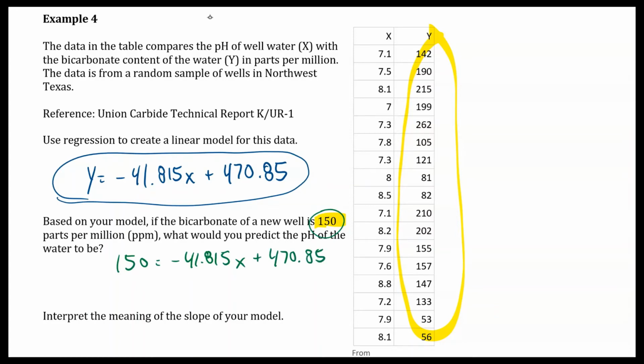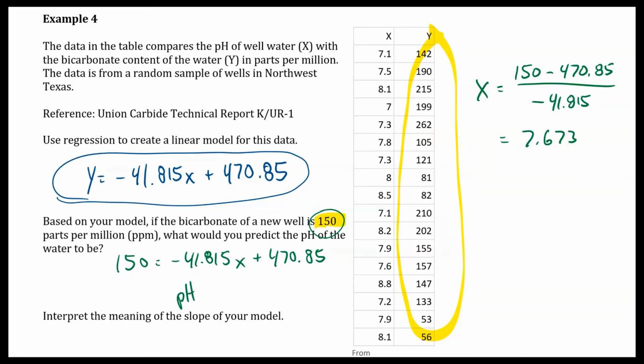And a little bit of algebra shows us that the value of X is going to be 150 minus 470.85 divided by negative 41.815. Now, if you have a calculator handy, you might want to check my work here. Solving this, I found an X value of 7.673. So we roughly get a pH value of about 7.7.